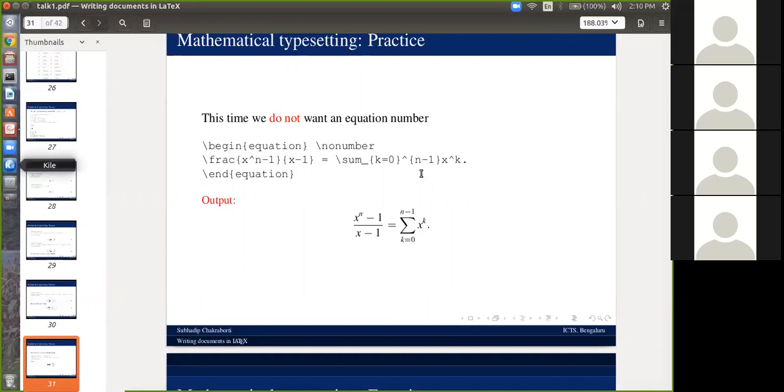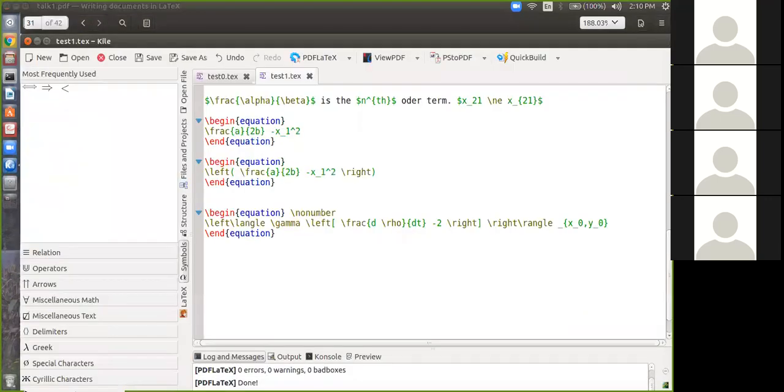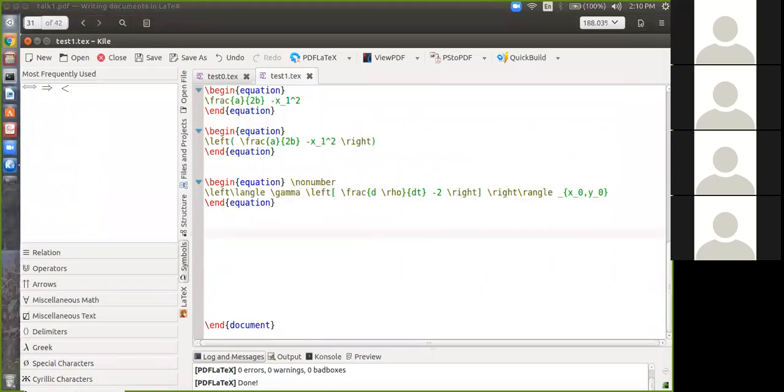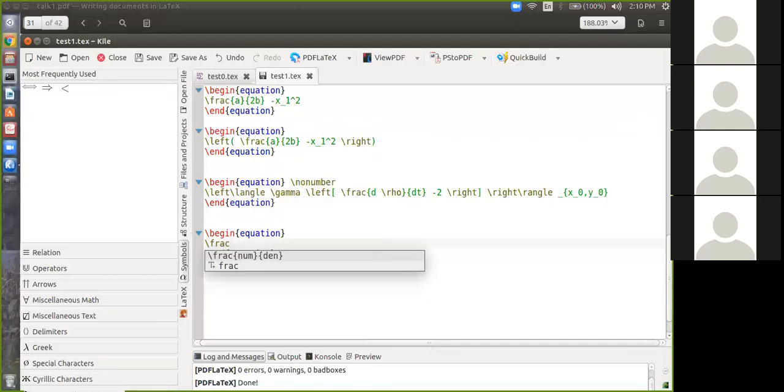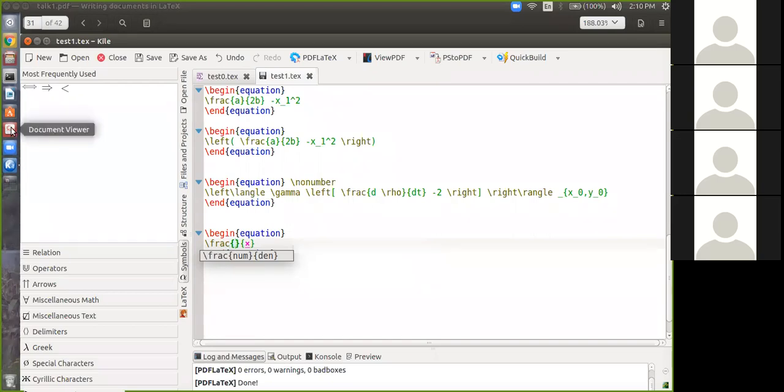So let me type this one. Slash begin equation, end equation. So slash frac, x to the power n minus 1, right? Let me check.